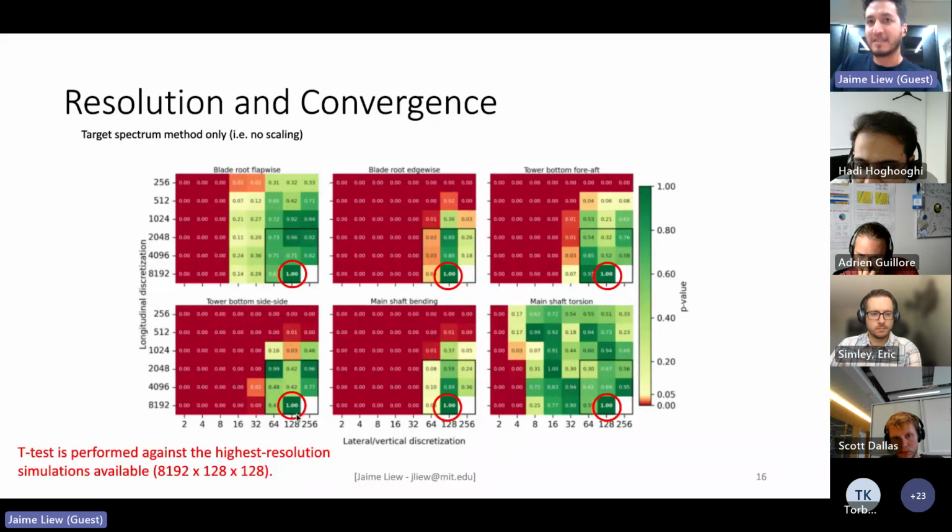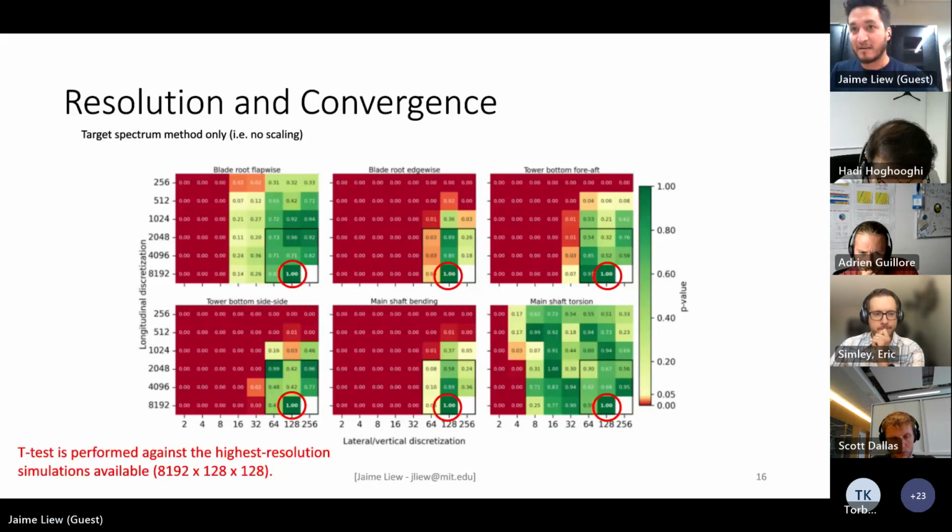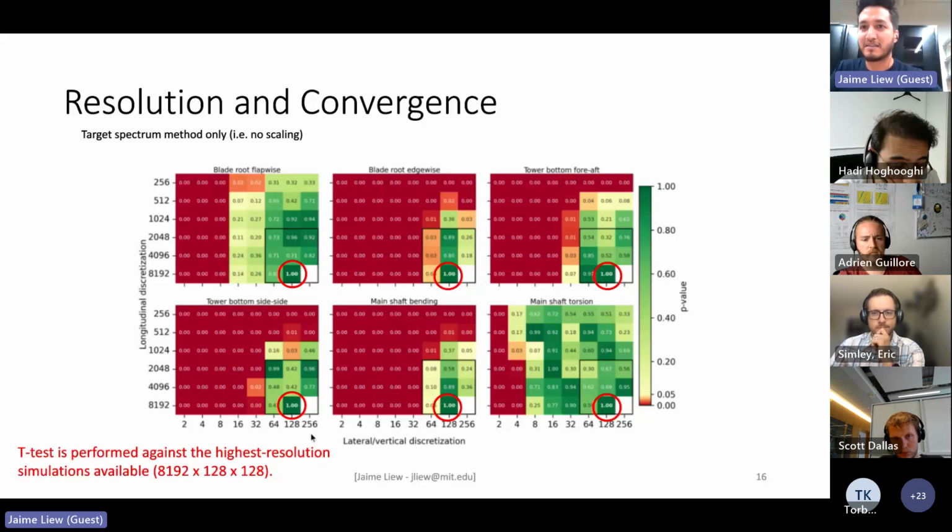As I mentioned, I used the highest resolution simulation results as my reference, and that's highlighted in this red circle here. It's 128 points laterally and vertically, and 8,192 points longitudinally. You will notice that there is a data point missing for the highest resolution, which should have been 256 points here.